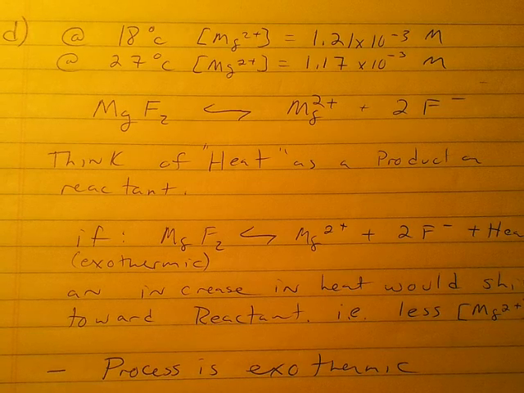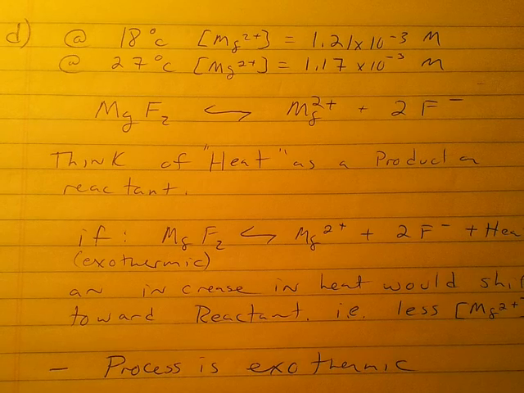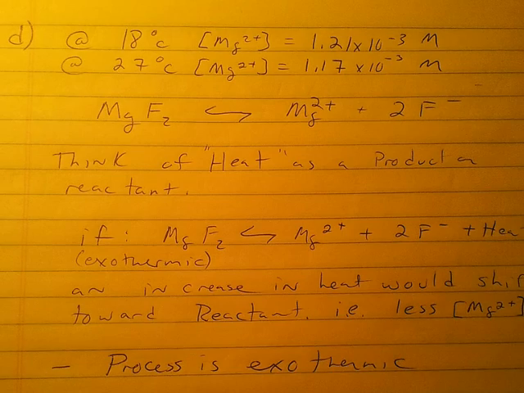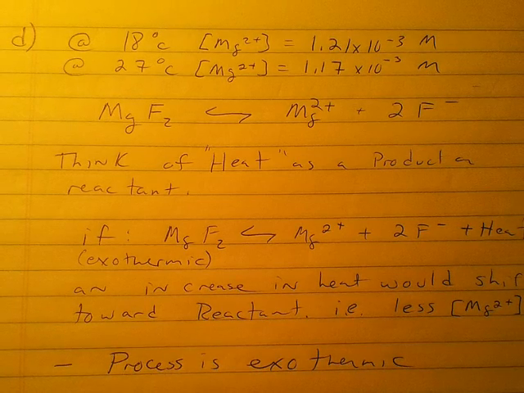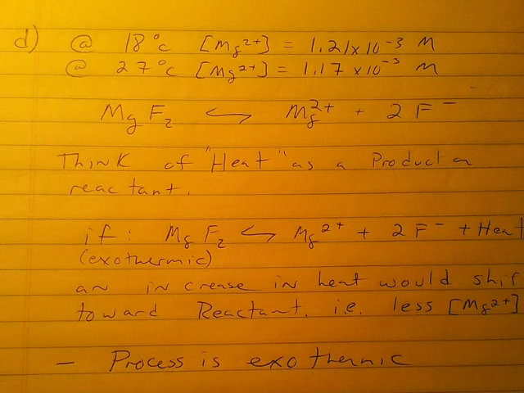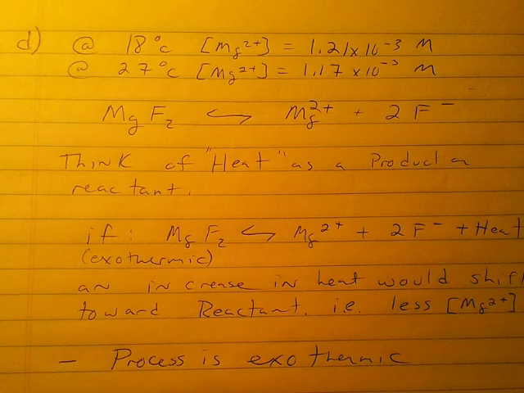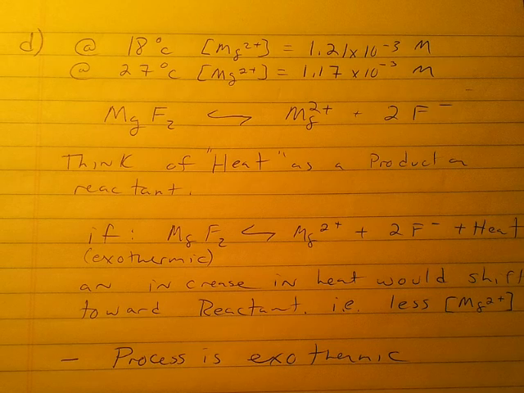And in this case, let's say heat is a reactant, so that if we wrote the equation, we could say magnesium fluoride at equilibrium with magnesium ions and fluoride ions and heat. Now this means heat is on the reactant side. If we increase the heat, we should shift back toward the solid, meaning we should have less material in solution if we increase the heat.